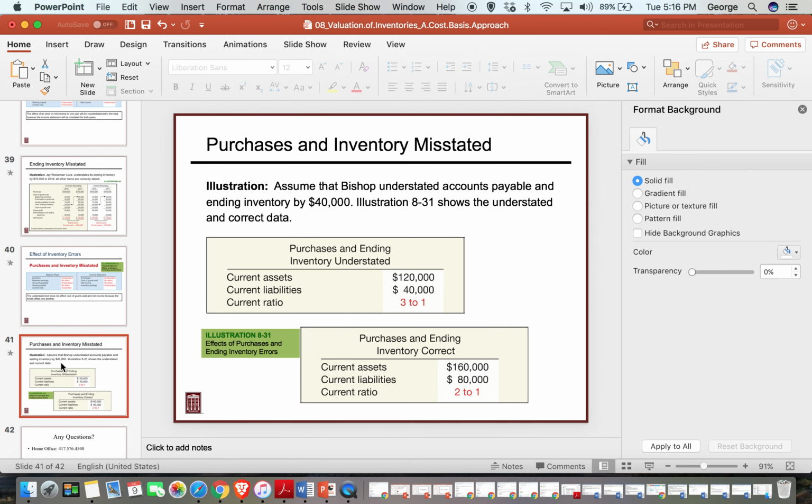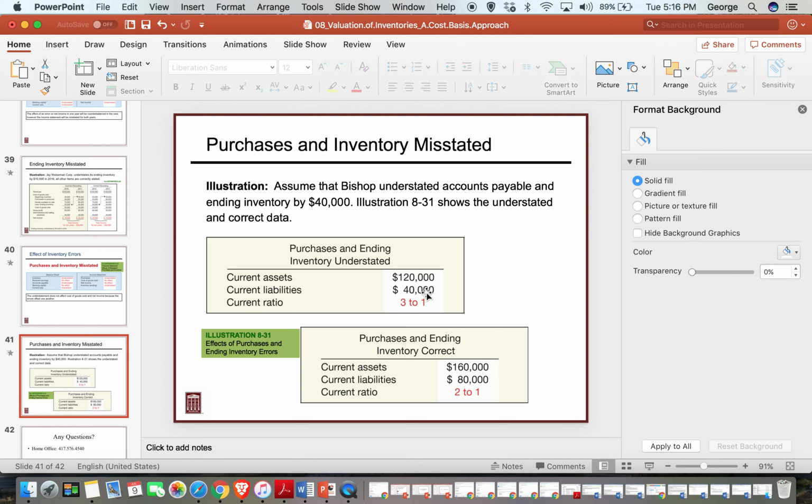All right, this just shows that we had understated accounts payable and understated ending inventory. How does it affect things? If I do my balance sheet formula calculation for current ratio, current assets divided by current liabilities with these numbers is a 3. So it's 3 to 1.